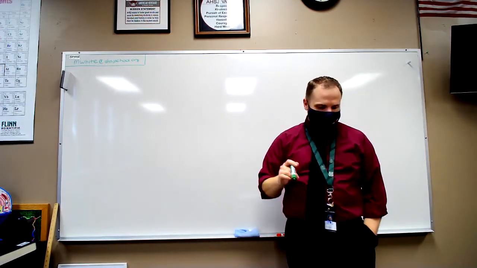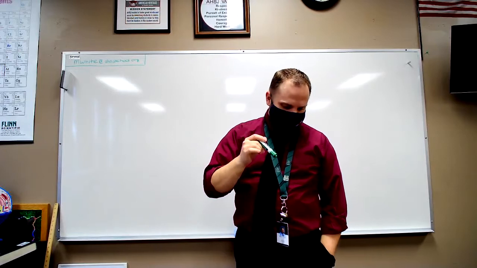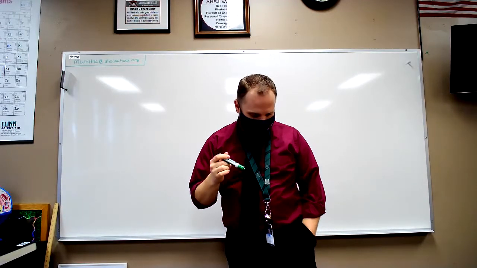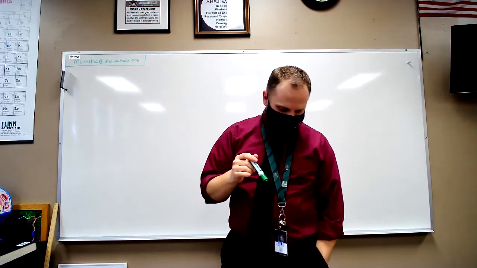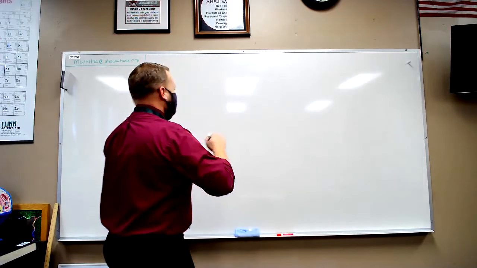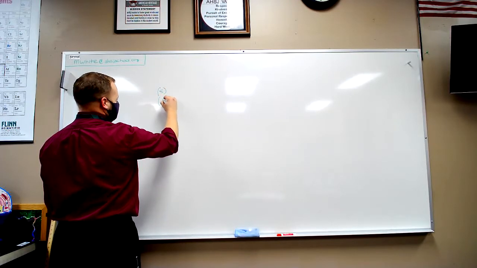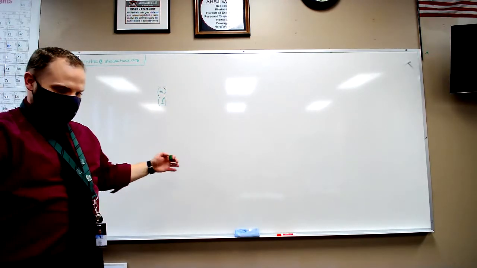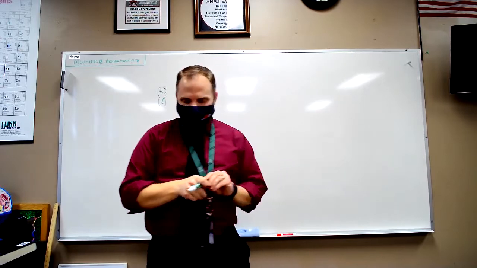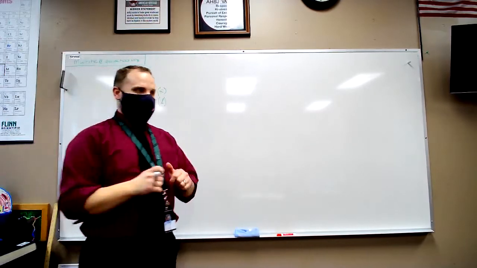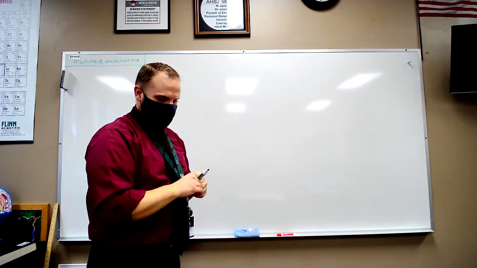So when you are looking at these equilibrium expressions, if anything says S or L, we eliminate them from the equilibrium expression. And that's the only difference. So let's set up an example of how that works.